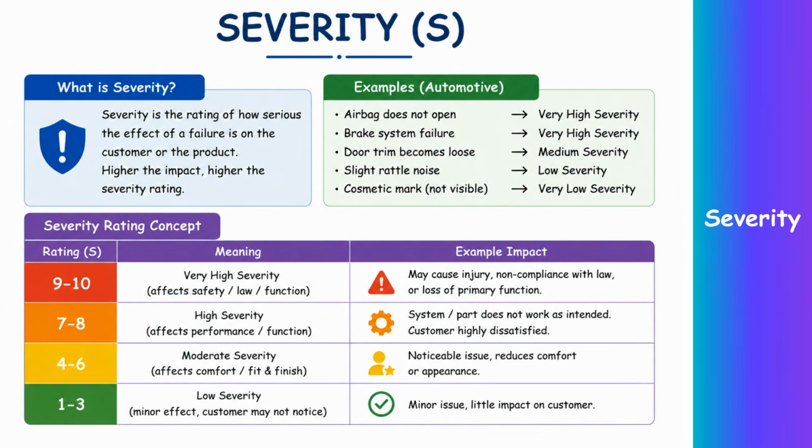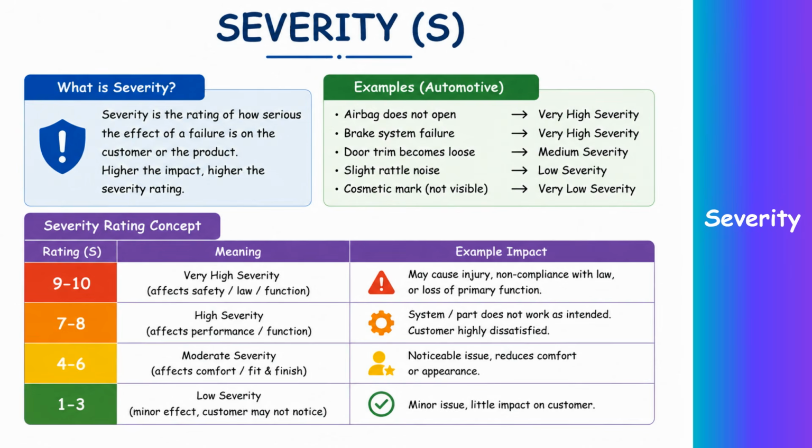Now let's understand severity. Severity means how serious the effect of failure is. In DFMEA, severity is usually rated from 1 to 10. Higher severity means higher impact on customer or vehicle function. For example, if an airbag does not deploy correctly, severity becomes extremely high.